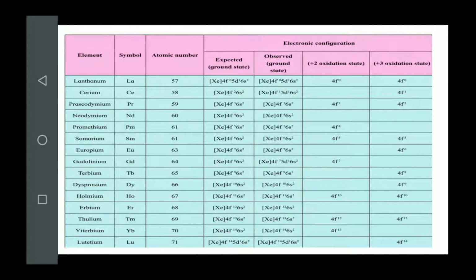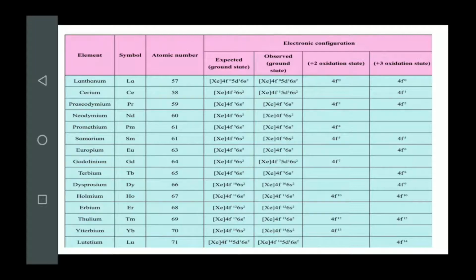So only one variation is observed from the expected configuration, which is in the case of gadolinium, where one of the electrons which is expected to go into the 4f orbital, so that the configuration could be 4f8, does not, and we have the 4f7 5d1 configuration. And that is to acquire what? To acquire the extra stability of the exactly half filled f orbitals.